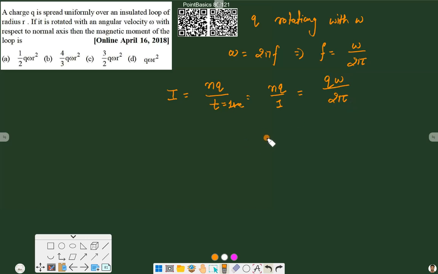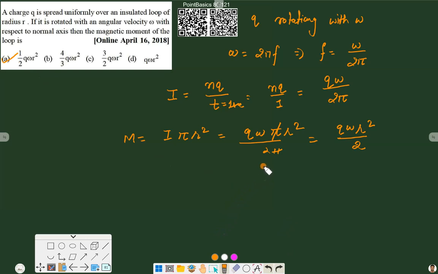This is the value of the current, and now we can find the magnetic dipole moment. It will be I times the area. Area is pi times r square. So Q omega pi r square by 2 pi. Cancelling, we will have Q omega r square by 2. So that is option A for us.